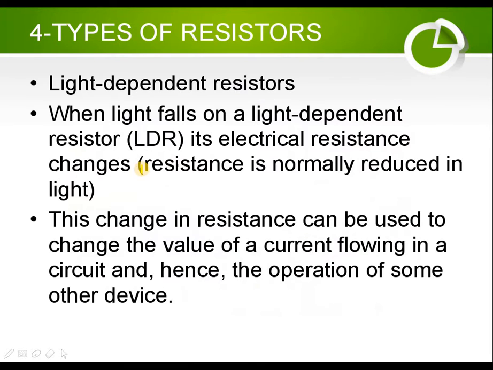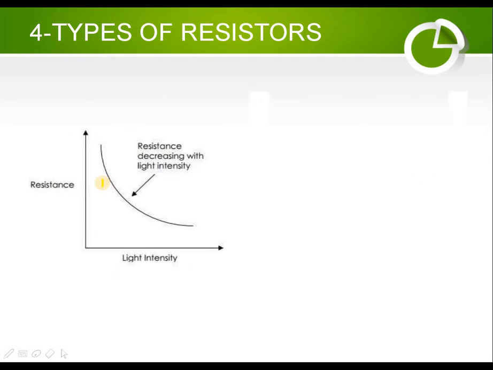Okay, next, this is again the same thing, light dependent resistors. This is the thing that I was explaining at the start of the lecture. Light dependent resistors are mostly called sensors, light sensors. When light falls on the light dependent resistor, its electrical resistance changes, usually decreases. This is the graph.